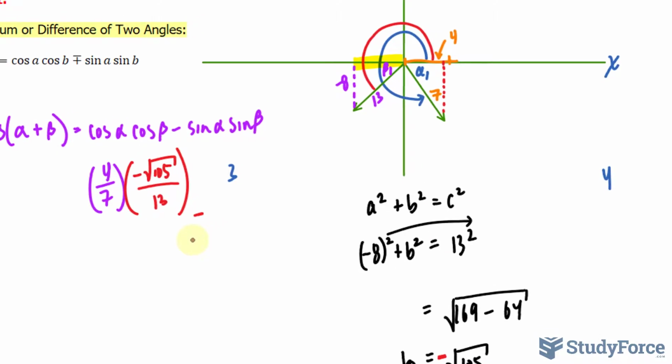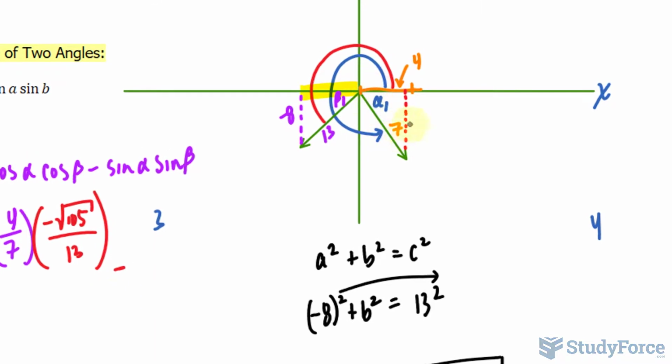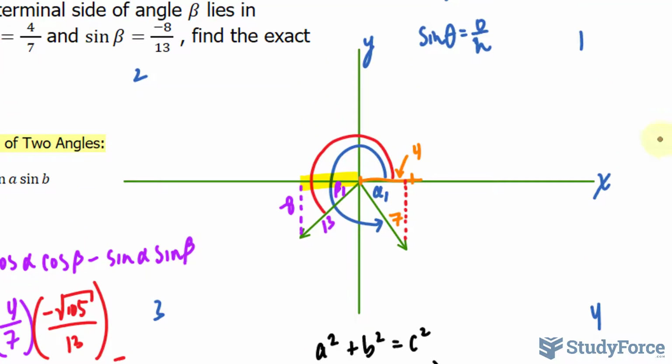minus, okay, now sine alpha, we'll look at this triangle. Sine alpha is opposite over hypotenuse. Opposite here is unknown, so again we have to use the Pythagorean theorem. Let me quickly do that for you.